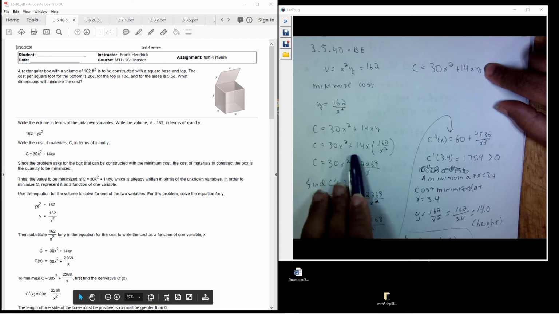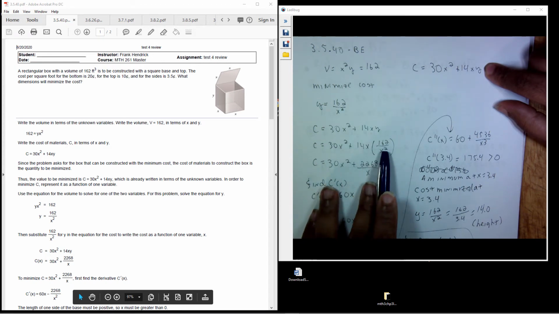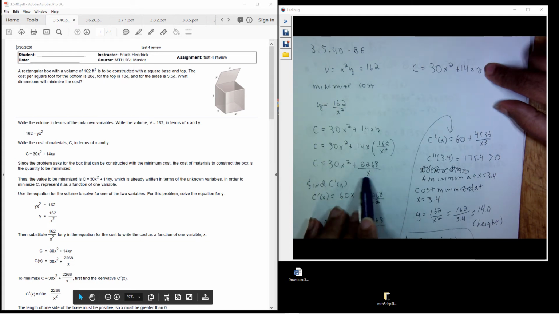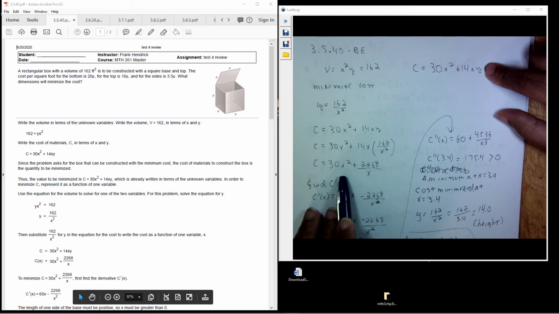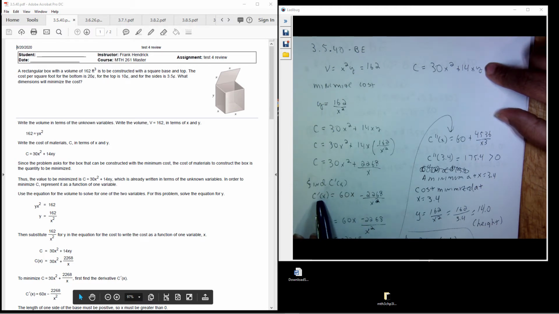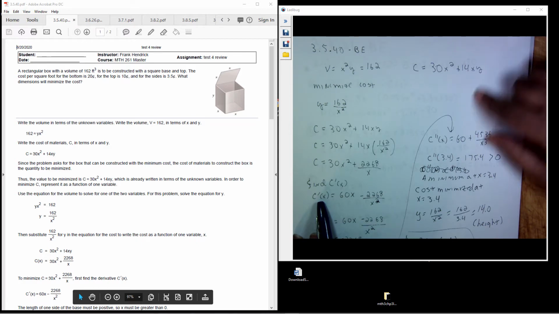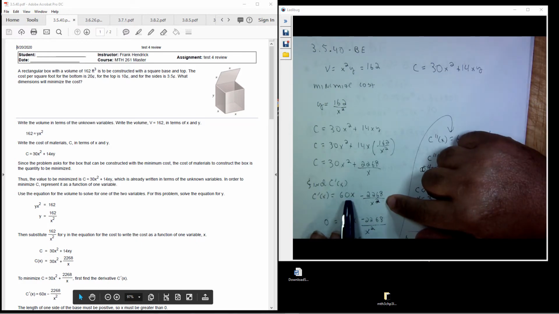Now the function is written in one variable, x. Okay, and I simplify it a little bit, and I get this function here. From here, I can just take the first derivative because we're interested in minimizing the cost. So we want to know what that first derivative is going to be for the cost function. So I take the first derivative here.